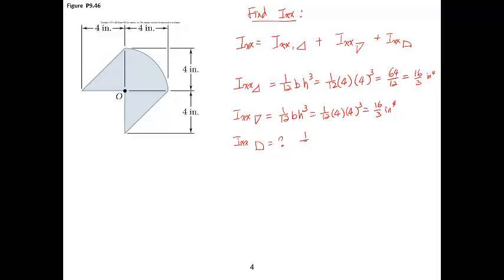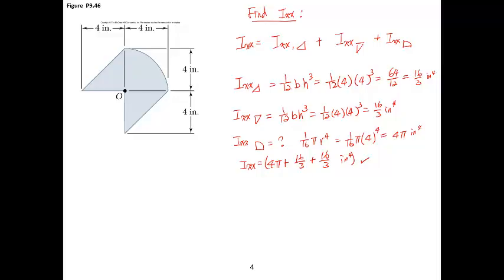So my Ixx of this piece is going to equal 4 pi plus 2 times 16 over 3. That's my final answer.